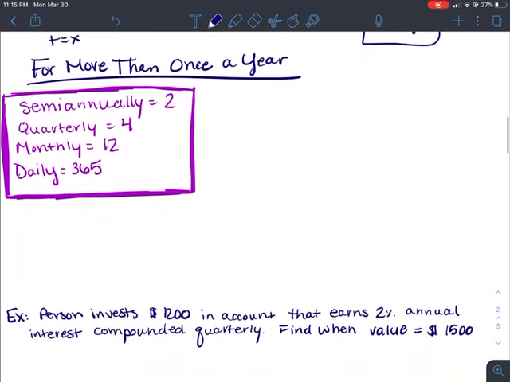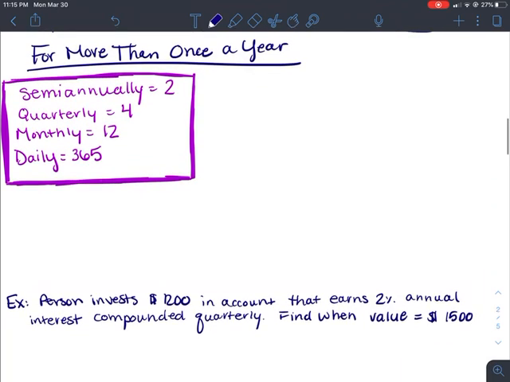Okay, so then we go to this section, and it says we're going to find the compound interest for more than once a year. Over here in purple I wrote you a note. When it says that it's compounded semi-annually, quarterly, monthly, or daily, you're going to use these values.